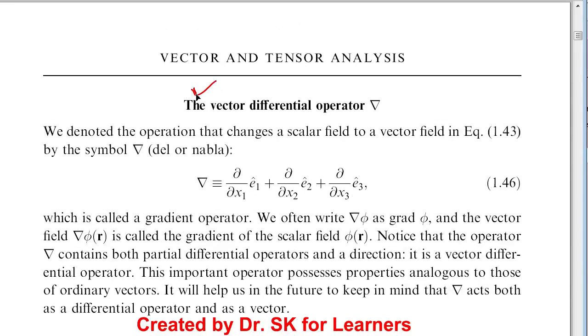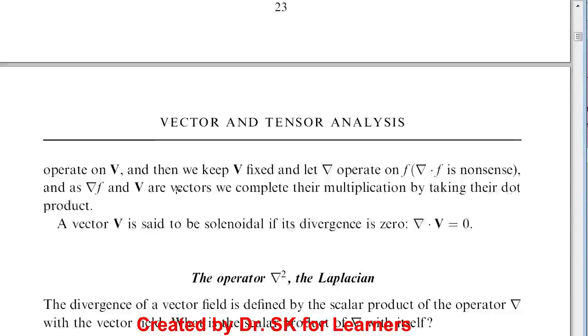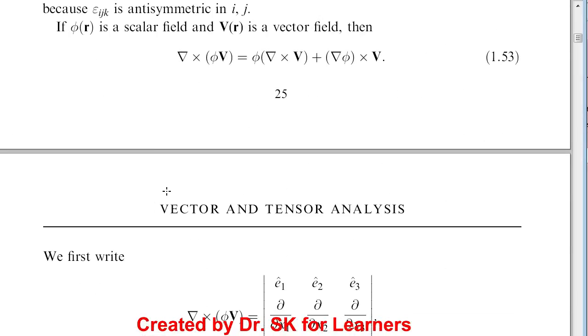We'll jump to the del operator, but before that I want to show you some examples of vector and scalar triple product, so that it will be easy to remember for each of you, and then probably we'll discuss these things. So next time probably we will use a different book where scalar triple product and vector triple product are extensively discussed, so that probably we can use them.